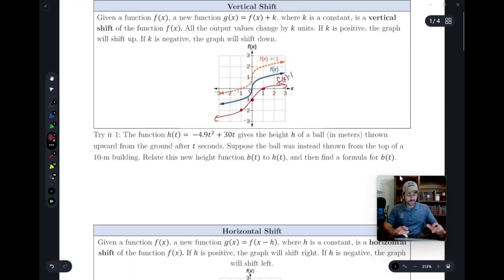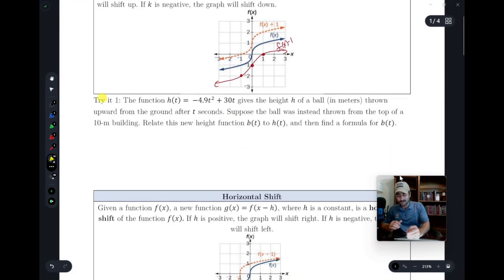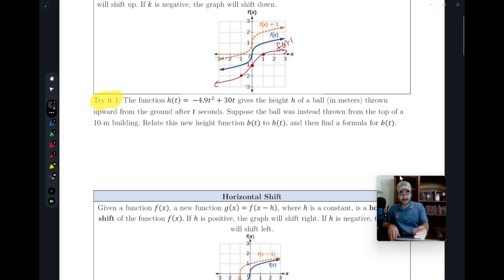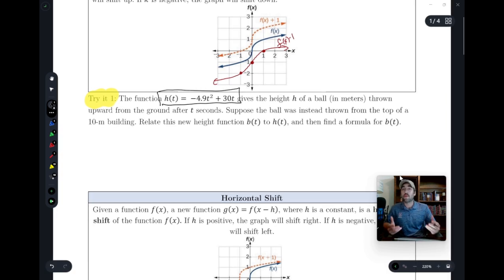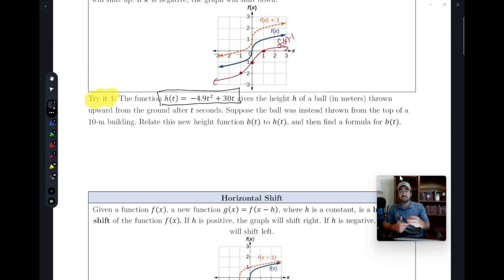This long word problem I thought was worth keeping in here because it phrases it all as, hey, I've got a pretty common function with half of Earth's gravity going down, and I want to throw a ball and see what happens if I change from throwing the ball from the ground, or no height, to exactly 10 meters.